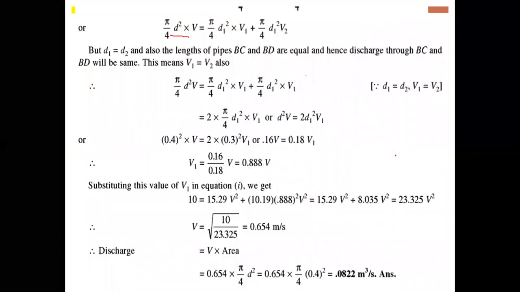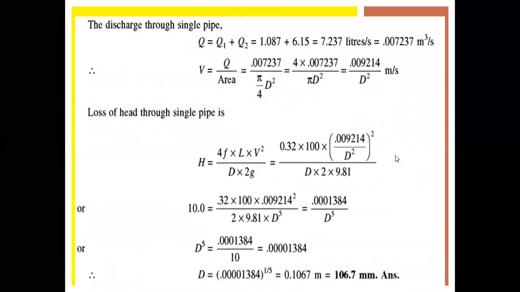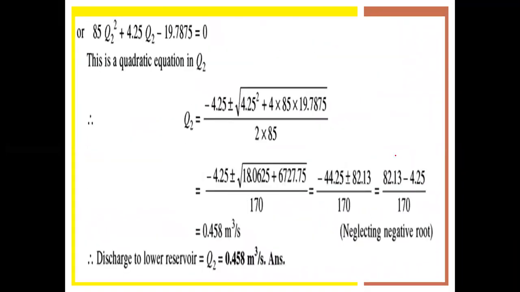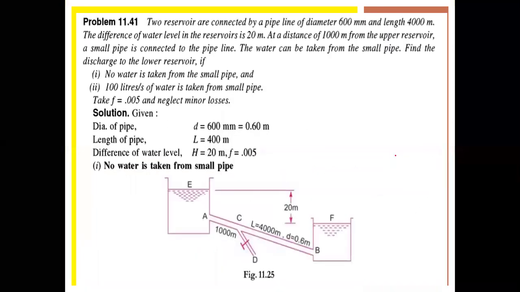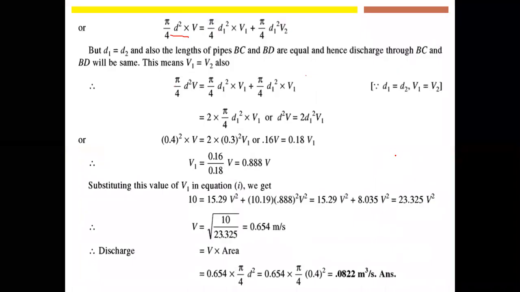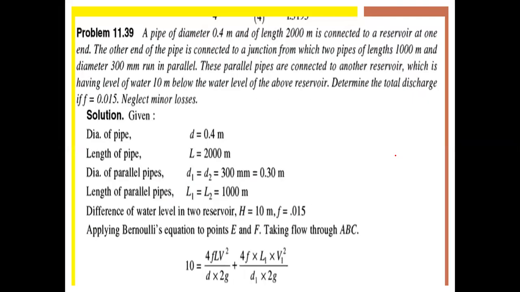We'll continue this problem and start the next concept, that is power transmission through pipes. You have to practice the problems or else you will easily forget the concept. So let's take some time, prepare and practice some problems.